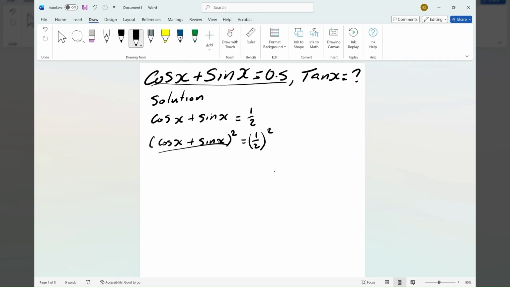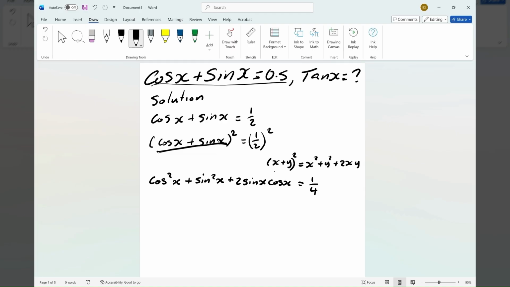Using the expression (x plus y) squared is equal to x squared plus y squared plus 2xy, and applying it to this term, we get cos squared x plus sin squared x plus 2 sin x cos x is equal to a half squared, which is 1 upon 4.